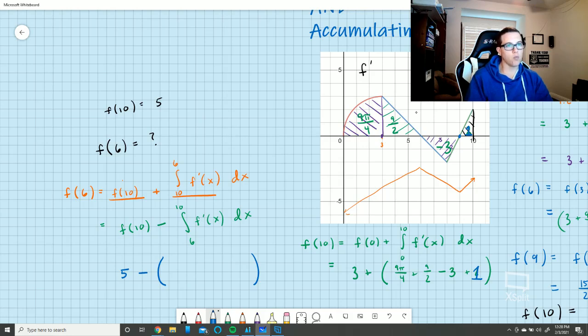This area was 1 for this little triangle here, so that doesn't change. Plus, this area, -3, was negative. So 5 minus (1 plus -3). So 1 minus 3 is -2. And 5 minus -2 is 7. So f of 6 is 7.